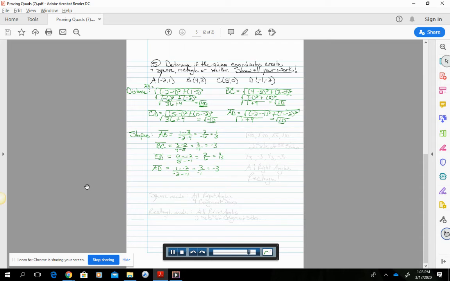So now I have to determine if it's a square, a rectangle, or neither. Well, just to make sure we're all on the same page, I'll write it down here at the bottom. A square needs the following. A square needs all right angles and 4 congruent sides.